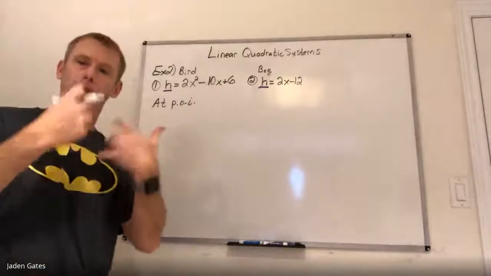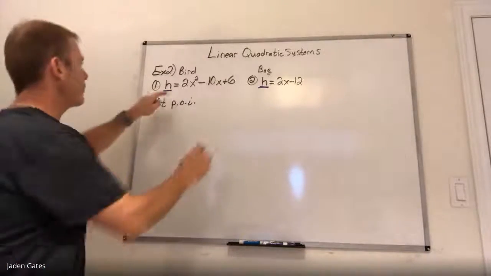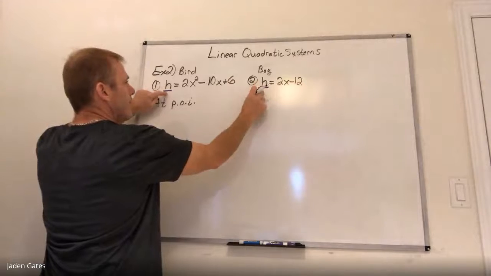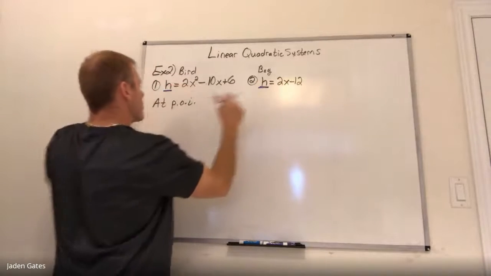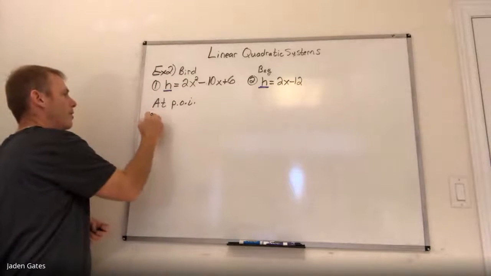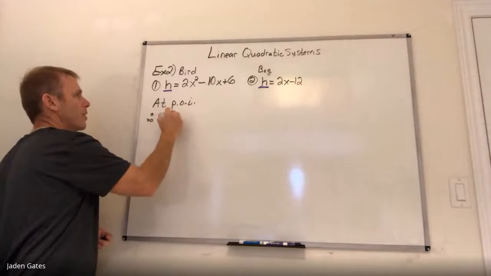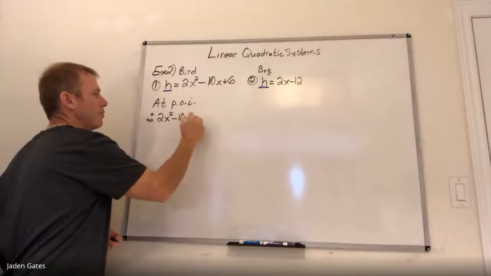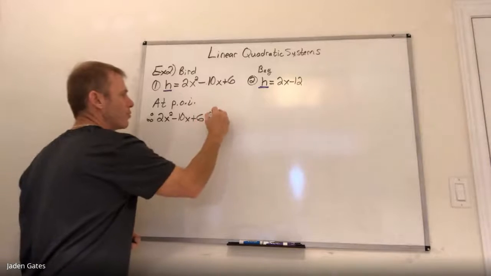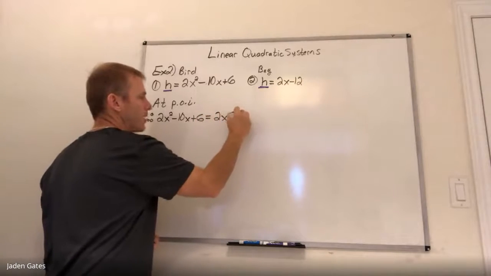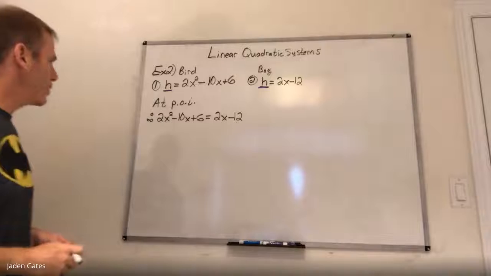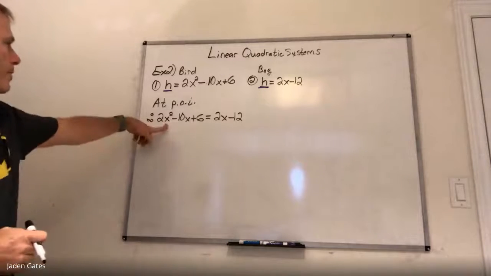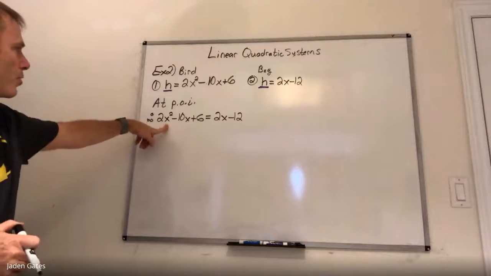So the same h and the same x at the same time. So if these two h's are the same, that means these two equations are equal. So therefore, just like I did last time, 2x squared minus 10x plus 6 is going to be equal to 2x minus 12. And once again, we have a quadratic equation because our highest exponent is a 2.